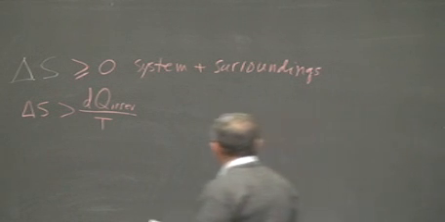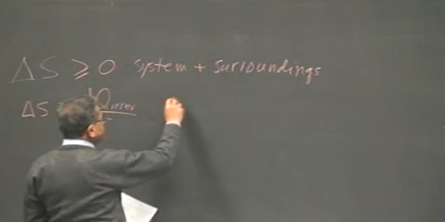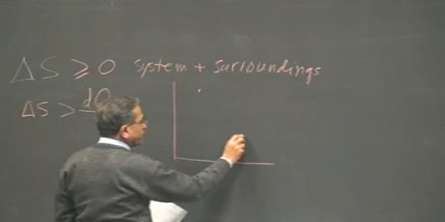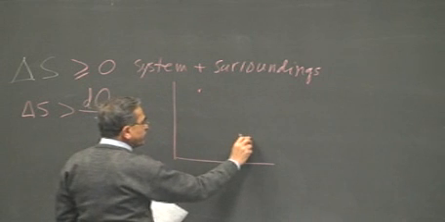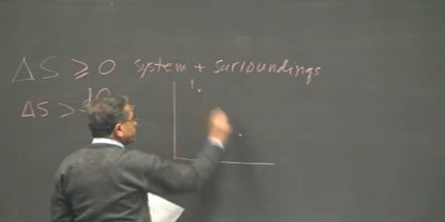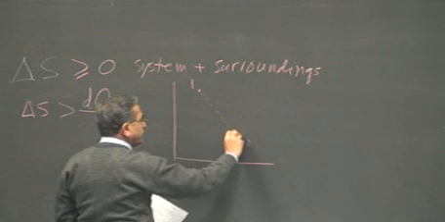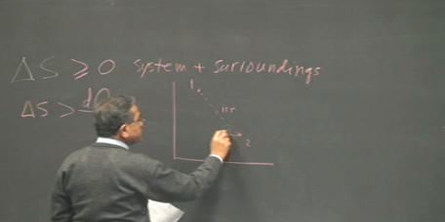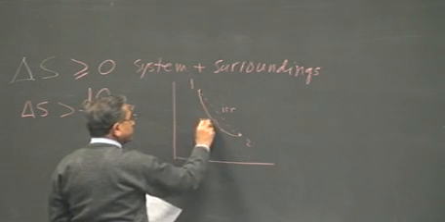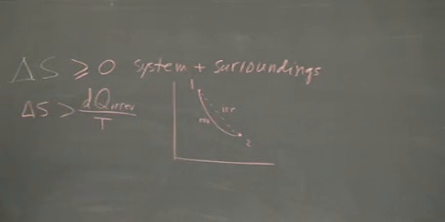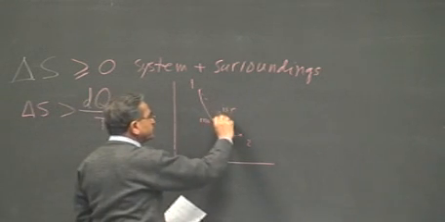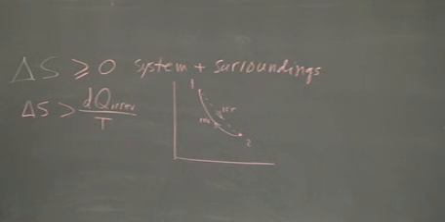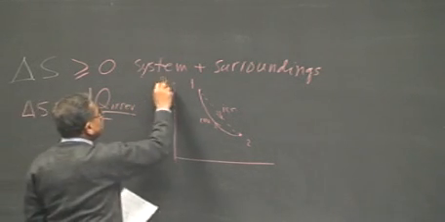And this can be seen if we imagine that there are two states here, 1 and 2, and we take the system from state 1 to state 2 in an irreversible way, and then from this to this in a reversible way. So we actually perform this kind of experiment in which you have two states. Maybe this is a PV diagram.